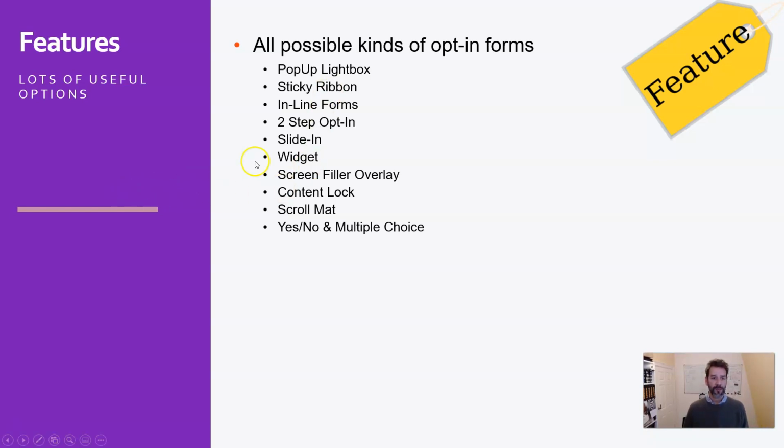And the slide in, for example, for people that are, let's say, 50 to 70% down on your page, then you can trigger this opt-in to appear. And we have all these other options that I will show to you in just a second what these are.